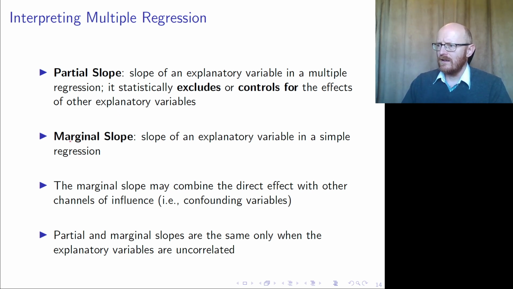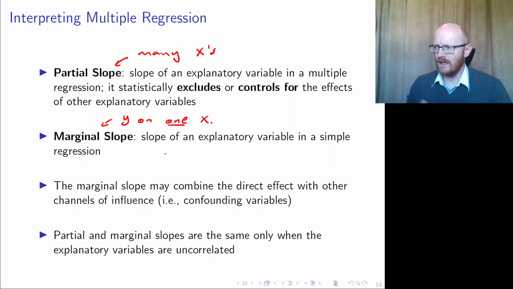Whereas with partial slope you have many x's, and with marginal slope you have y on 1 x. Okay, then you get the marginal slope, and that's just the explanatory variable in a simple regression.